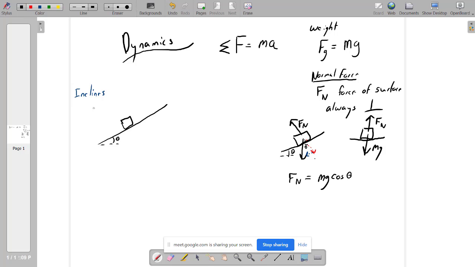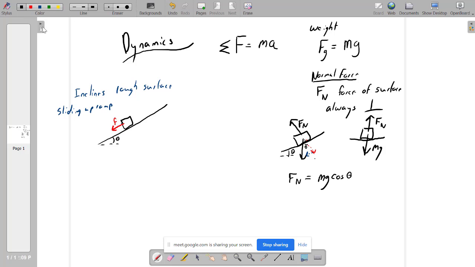It starts off with an initial velocity and it's sliding up the incline, and let's say that it's a rough surface. If it's a rough surface, that means it has friction, so we're going to put friction this way. We're sliding up the ramp.